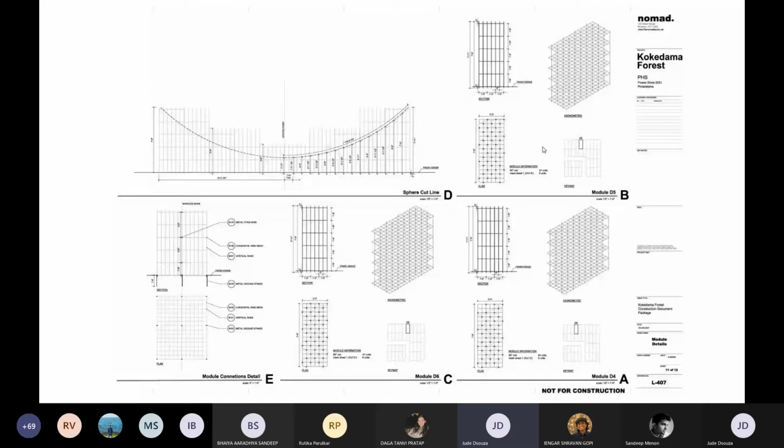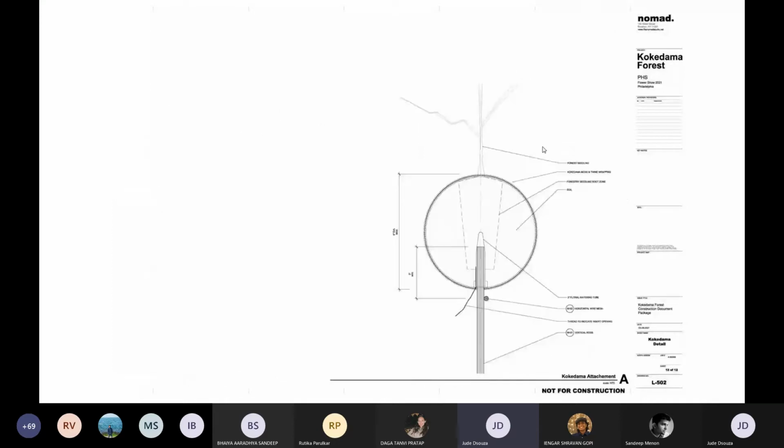You follow it through to its last detail. And this is that last detail, looking at how the kokedama actually sits on a spike. With the threading, and there's also some string to locate the opening. So very interesting. We'll share this presentation so you can go through it.